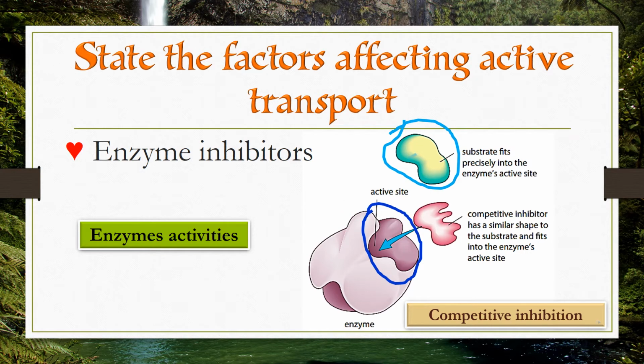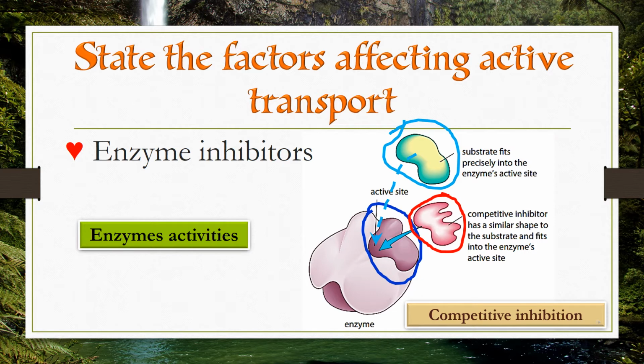But again, we also have the competitive inhibitor. This competitive inhibitor has a similar shape to the substrate and fits into the enzyme's active site. So this means that the substrate and the competitive inhibitor are competing for the active site.